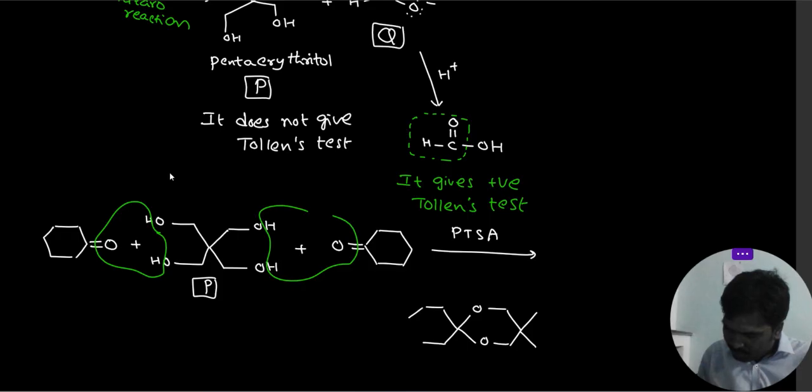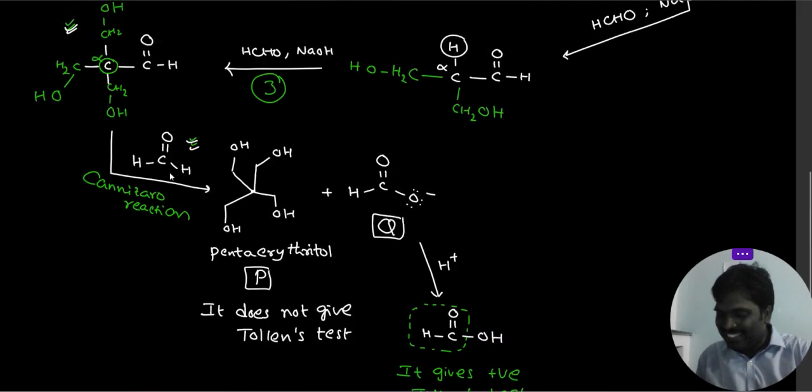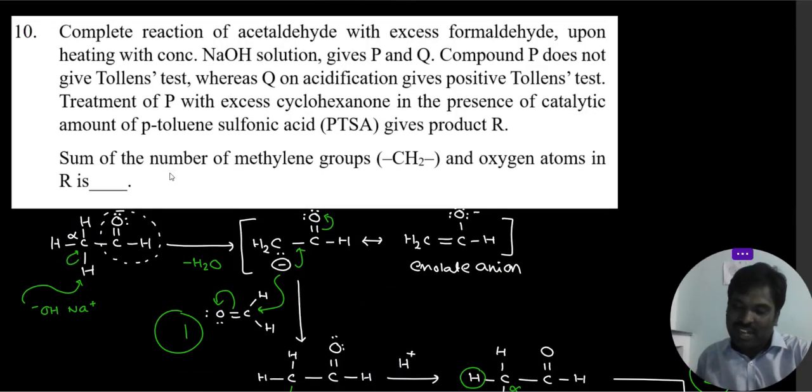This compound is formed. Understood? Actually, this is the ketonic carbon. So this is one ketal. This is the ketonic carbon, this is one ketal. Now this is R. Understood? This is the final required compound R.